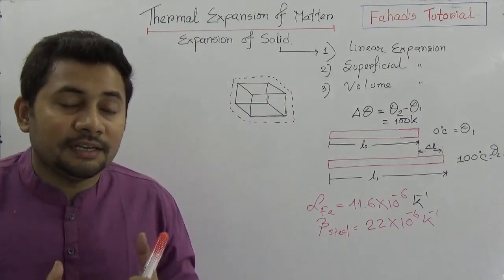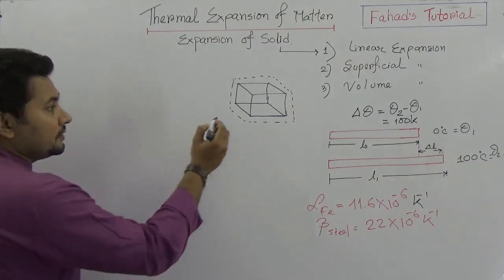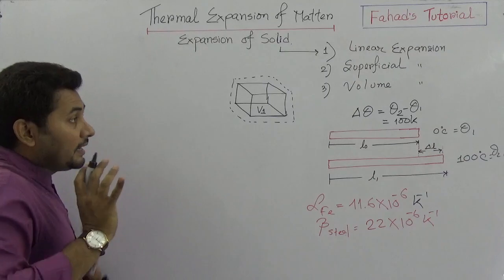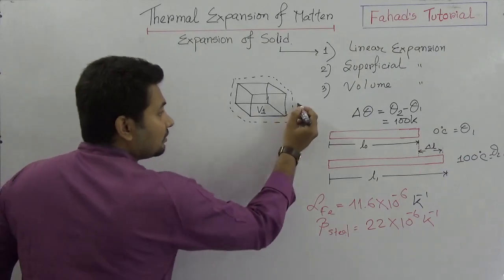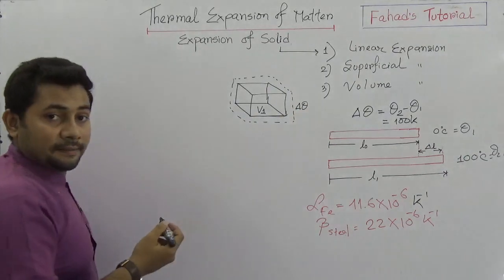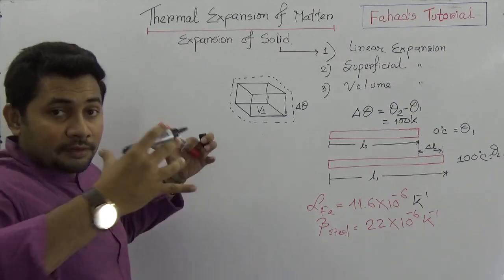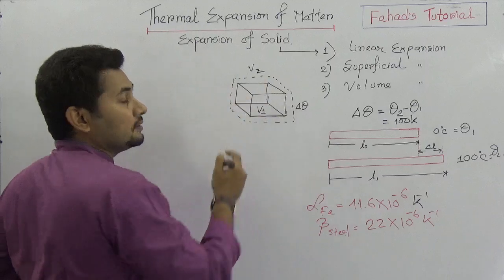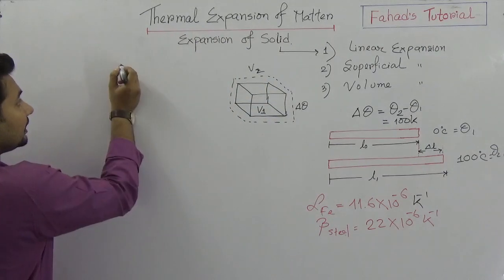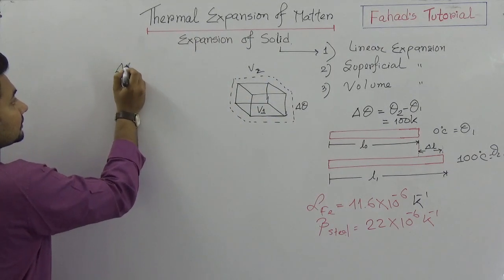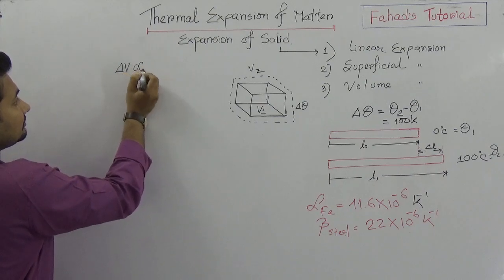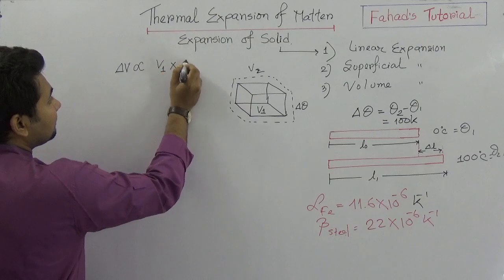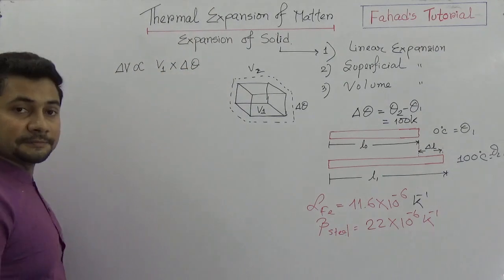So similarly, like before, if the volume of the cube previously is V1, and after changing the temperature by del theta, the new expanded volume is V2, then what will be the relation? That del V is dependent on the previous volume times the change of temperature.